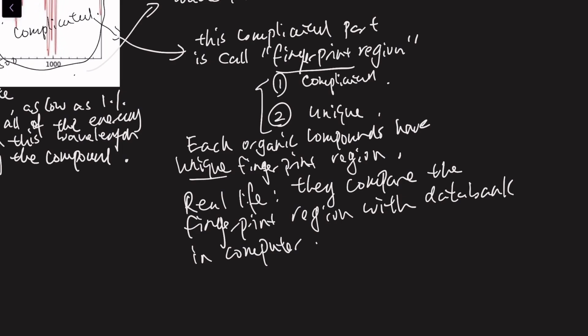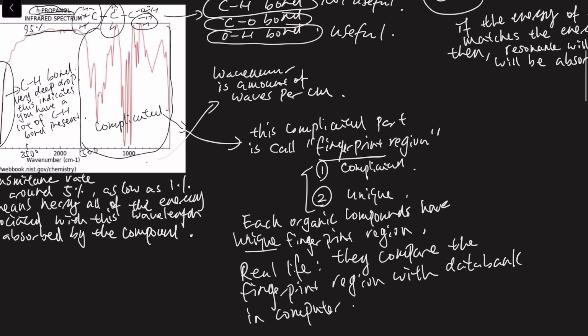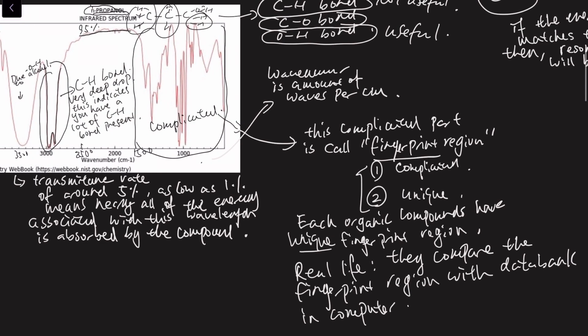So this is the fingerprint region. For the purpose of the exam, it is really not useful. If we want to identify specifically which compound we have, we need to use another tool called NMR spectroscopy. I will discuss this in the next video.